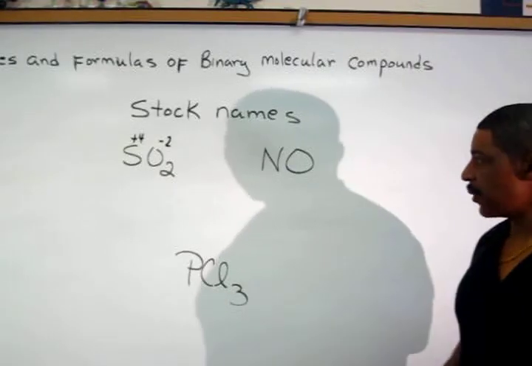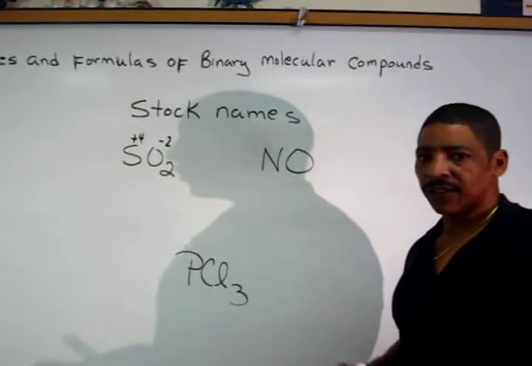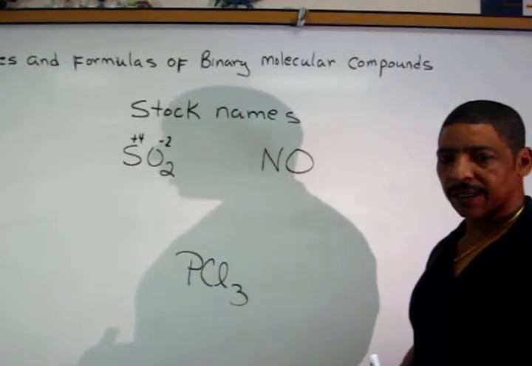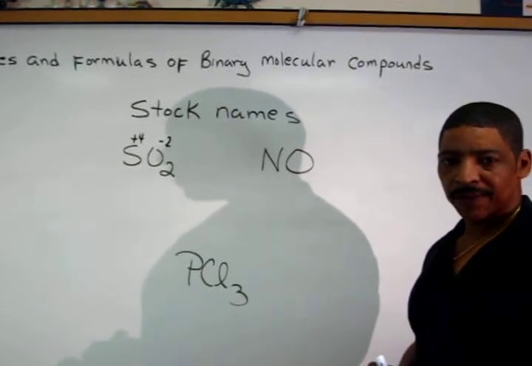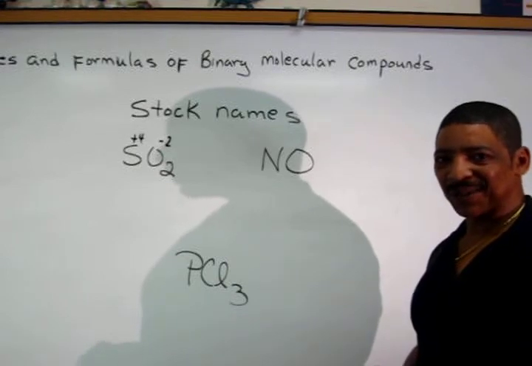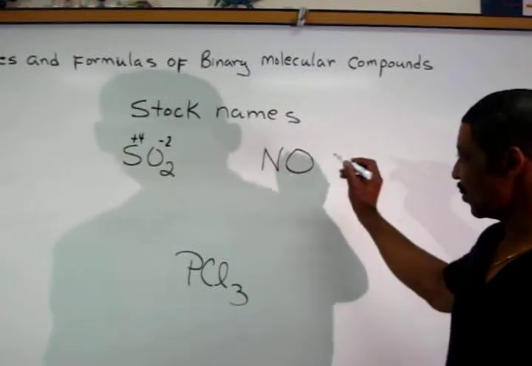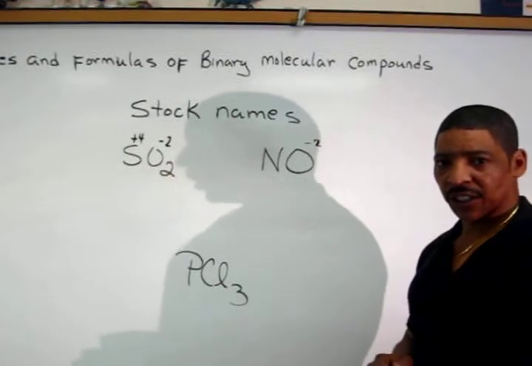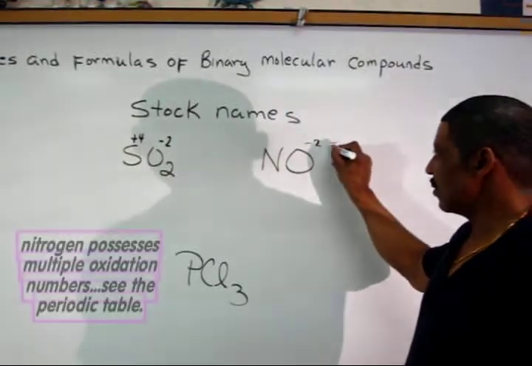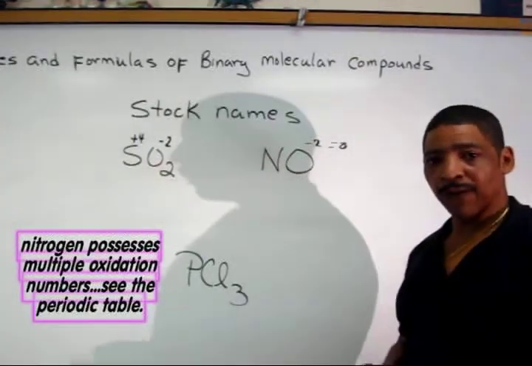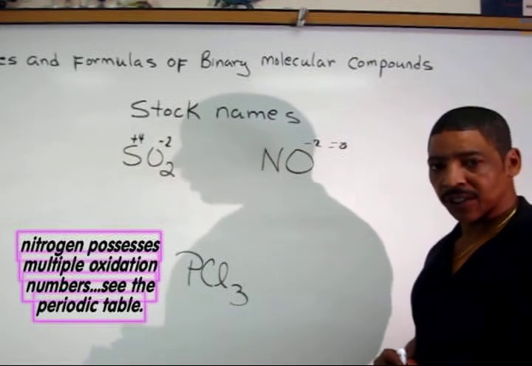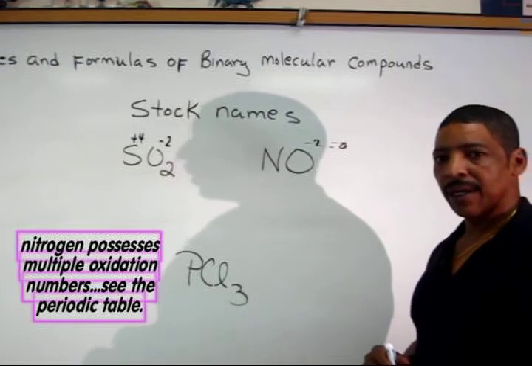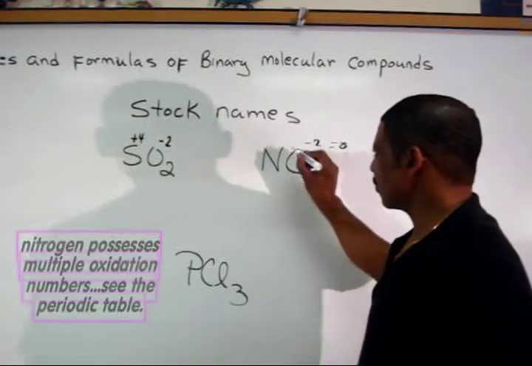The common name for the next compound is nitrogen monoxide. However, it is known that oxygen possesses a -2 oxidation number, and the overall charge of the compound must be 0. Therefore, the oxidation number for the nitrogen in this compound must be a +2.